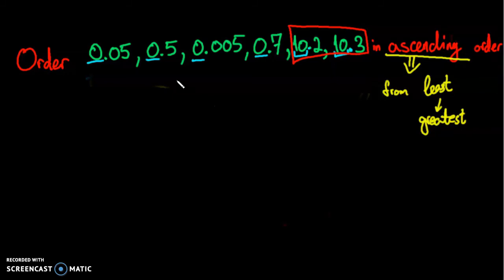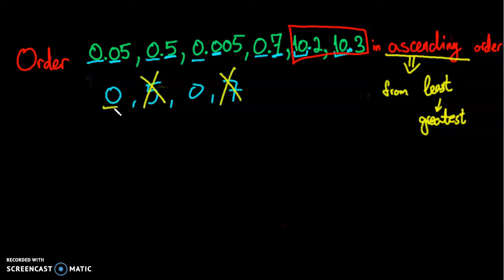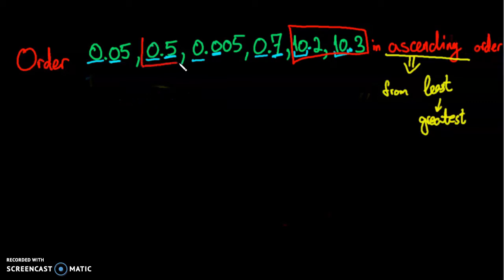We need to find the smallest number. Now, we keep on going. We have a 0 after the decimal, 5, 0, and a 7. We don't need the 5 and we don't need the 7 because 0 is the smallest number. So we leave this number and this number for later.